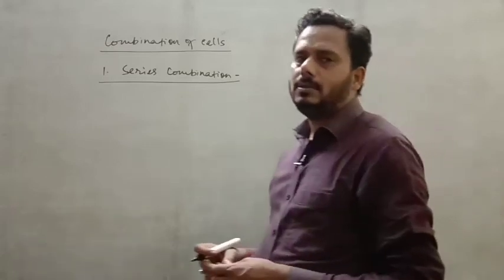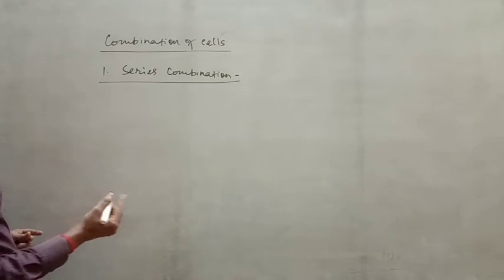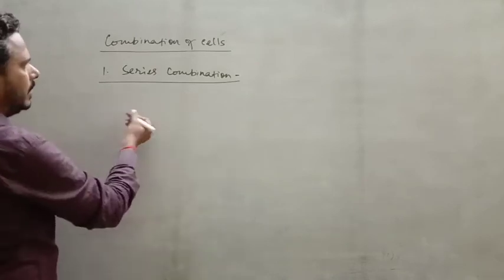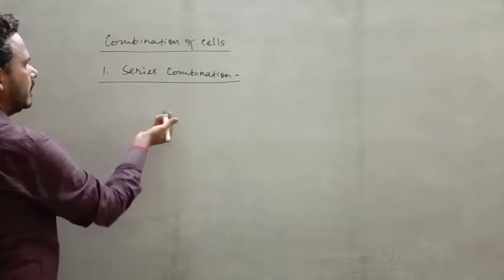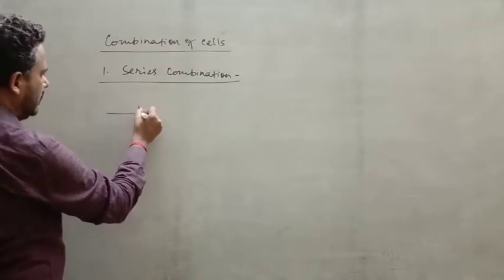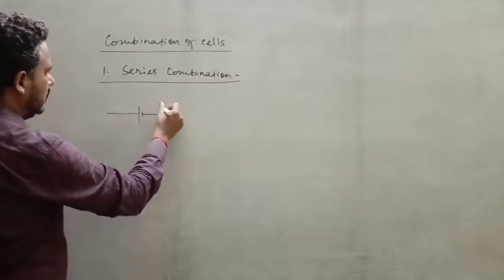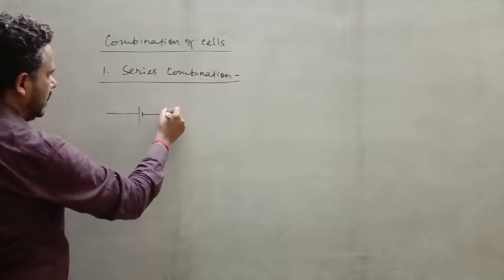So this is called series combination. Here I am taking an example: there will be a cell, and this cell is connected to another one, like that.